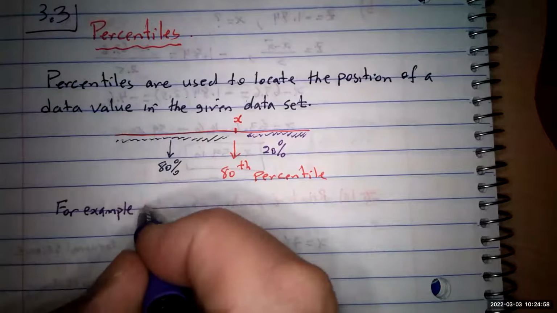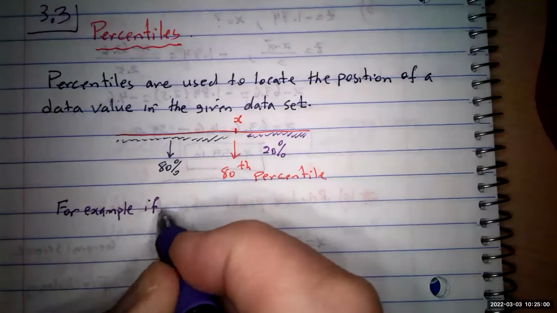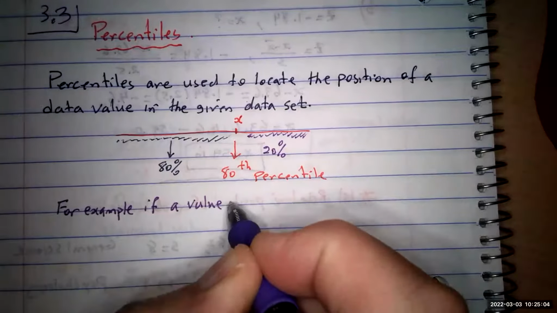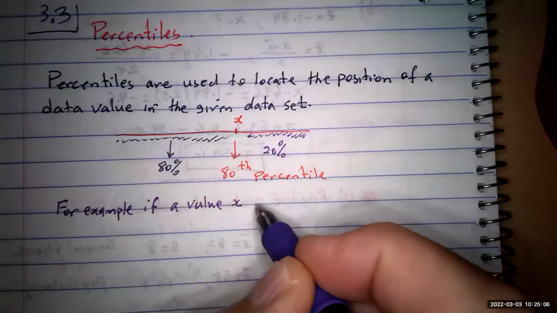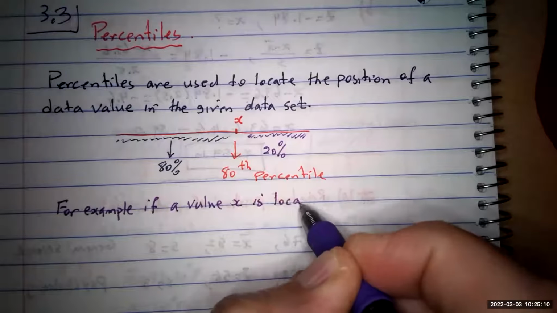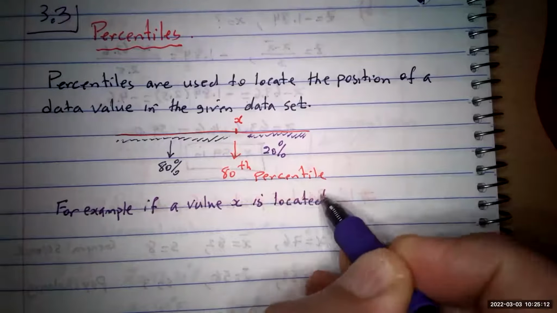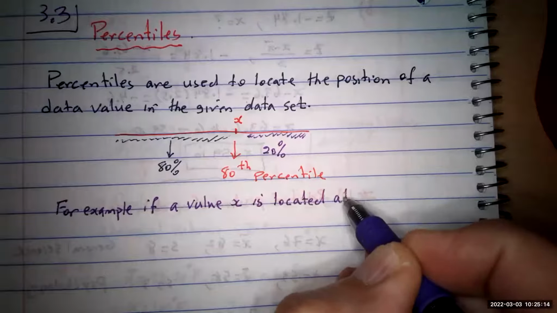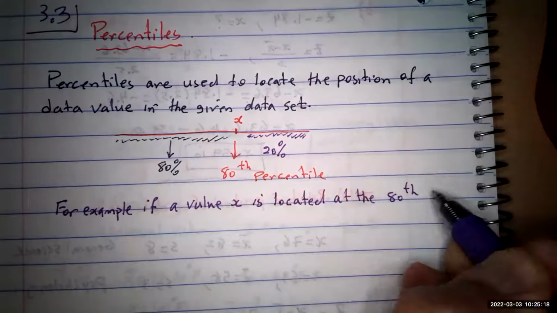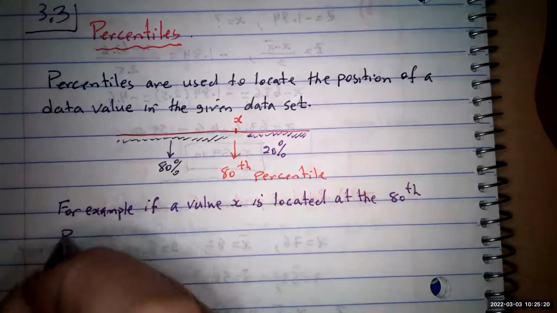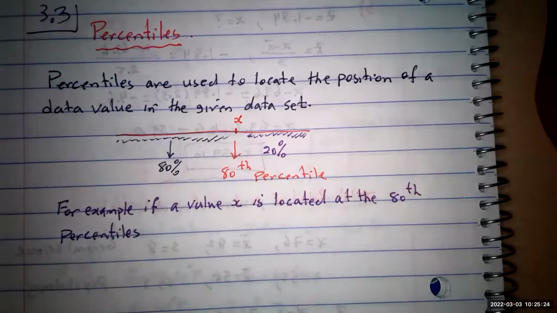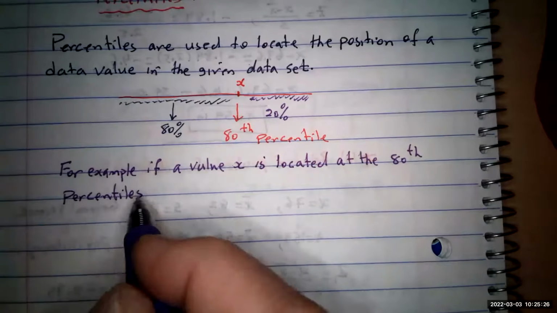So for example, if a value x is said to be located at the ranking of the 80th percentile, what does it mean?